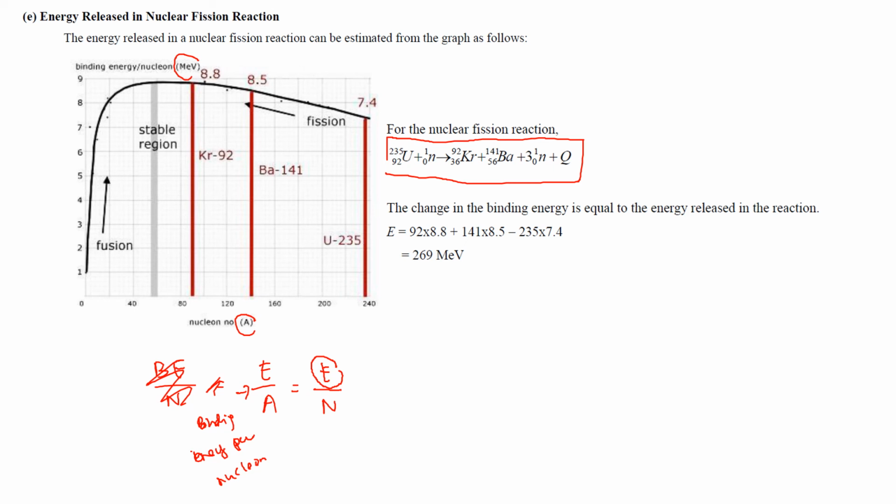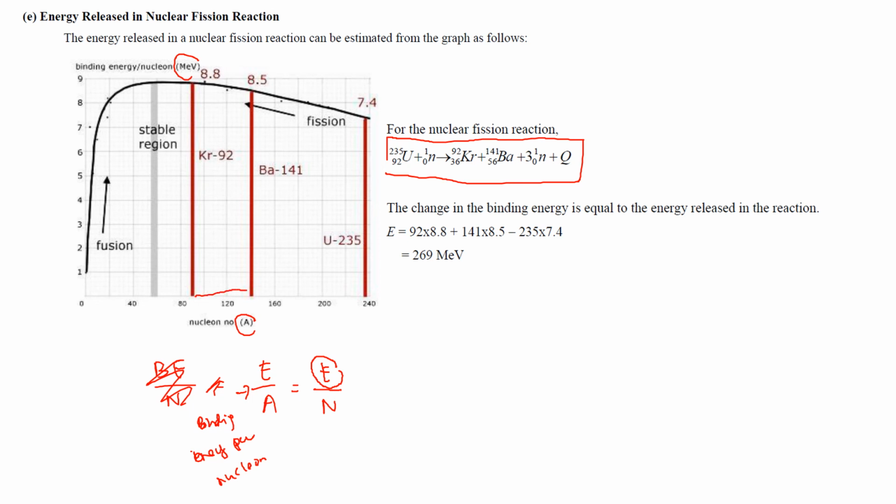Okay, so we can see from this graph the average of the nuclei to become more stable is in this range.